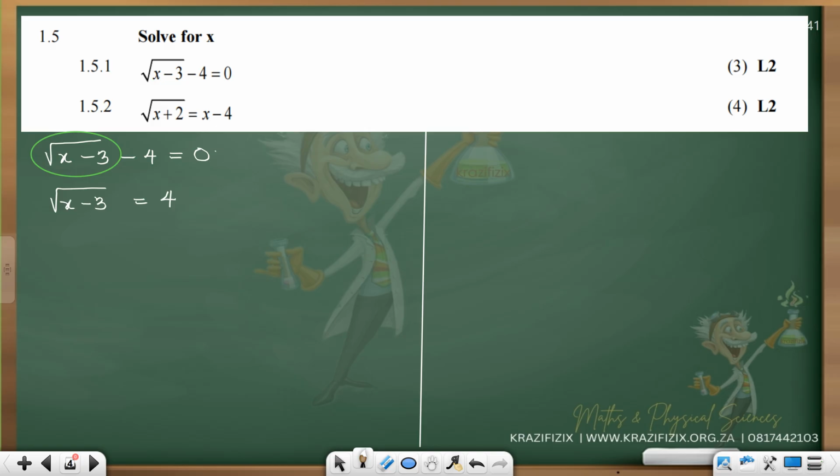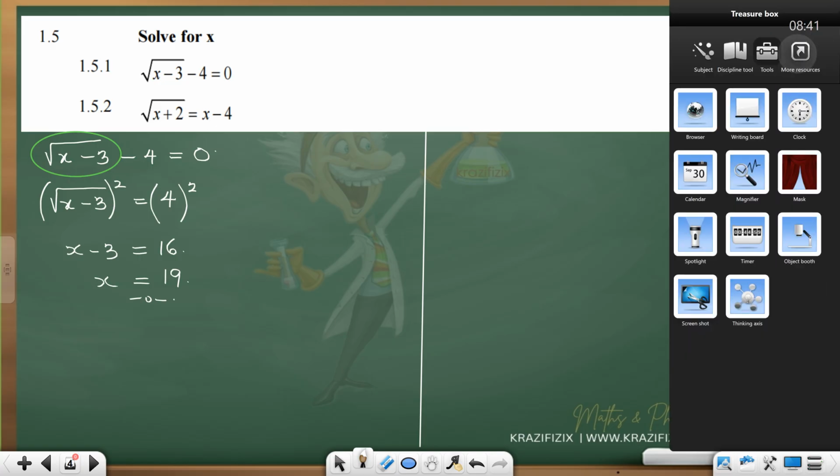I am done with step 1, isolate the surd. Step 2, square both sides to get rid of this root. I will square whatever I do on the left, and this is just going to give me x minus 3. And what will this be? 16. Now we can solve for x. x would be equal to 16 plus 3, 19. There's only one answer. Please test. How do I test? Check my testing.